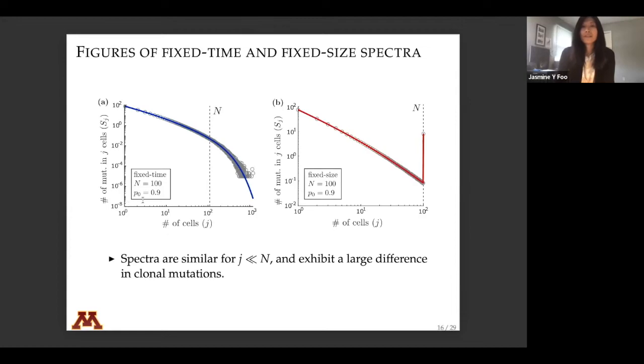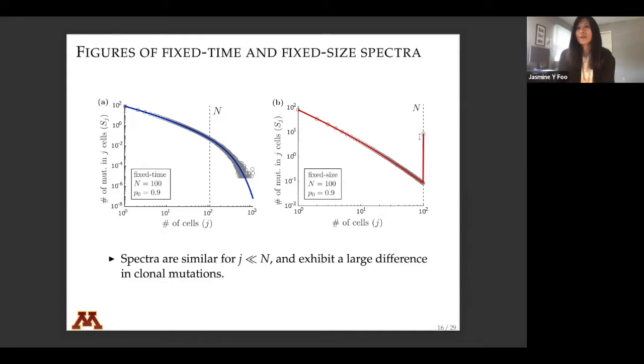And so maybe it's easier to look at some figures to see some differences between the fixed size and the fixed time. This is pretty intuitive. At some fixed p0, showing the theory and the simulation graphs that my student made, you can see the deviation between these two at the large frequencies. That is due to the fact that in this fixed time spectrum, you will many times have more than n cells at time T_n, and that isn't possible in the fixed size spectrum.